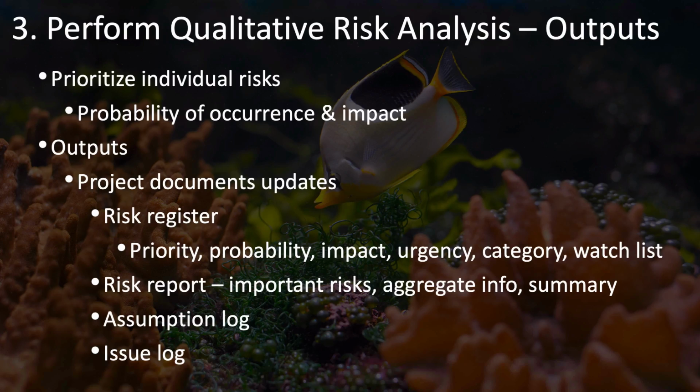The risk report can now include a list of some of the most important risks that should be highlighted, as well as aggregate summary information about all of the risks as a whole, and organizing those perhaps by category, as well as the summary. In addition, there may be some changes to the assumptions log or to the issue log.